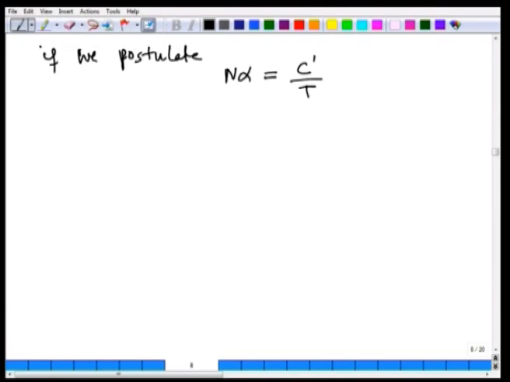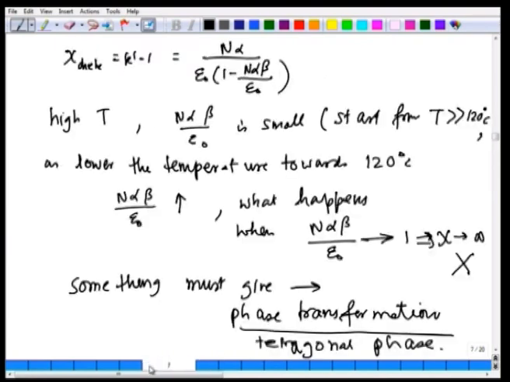So, if you postulate that it is inversely proportional to power 1 of T, then we can write the dielectric susceptibility, or dielectric constant, as C prime by T divided by epsilon naught. Remember, what I am doing is substituting in here for n alpha, into this expression.